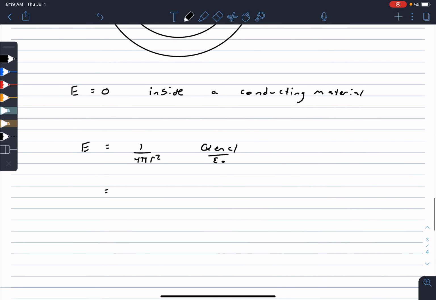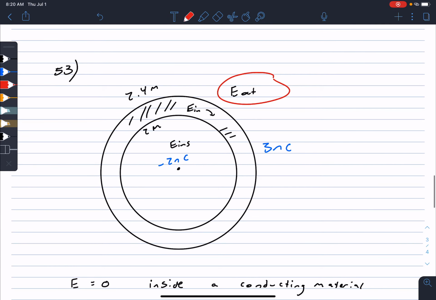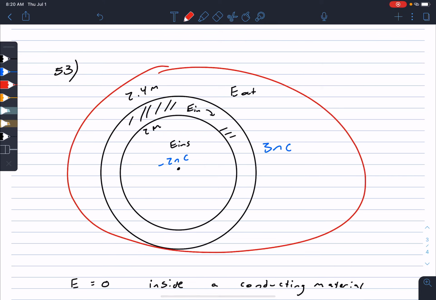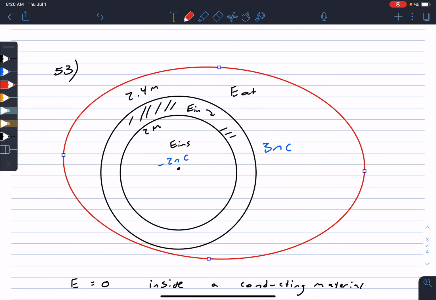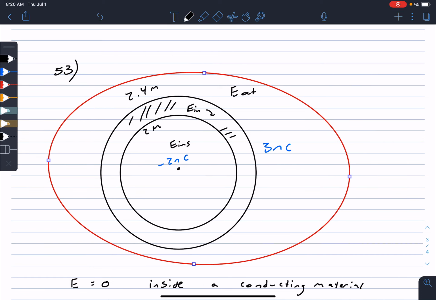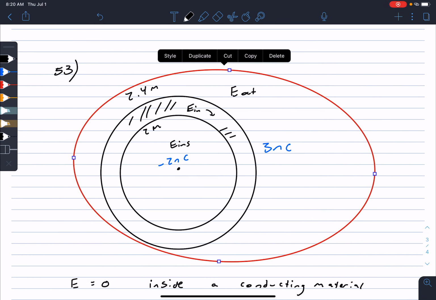Okay. So that means we have k, q enclosed, over r squared. For outside of this, the total charge enclosed in our Gaussian surface, this is a sphere, is going to be 3 nanocoulombs plus negative 2 nanocoulombs.